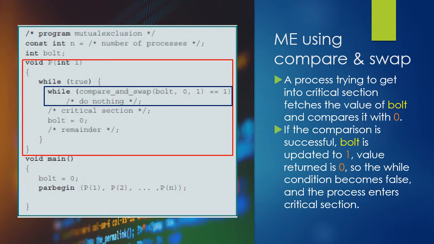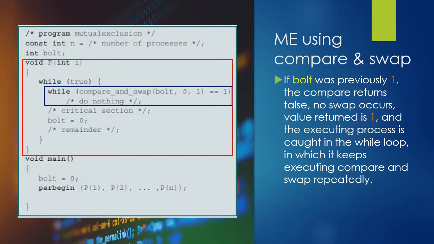So the while condition becomes false and the process proceeds to the next line of code instead of slipping into the while's body. In other words, the process enters critical section. Again, critical section is a comment which can be replaced with code that would be manipulating shared modifiable data.